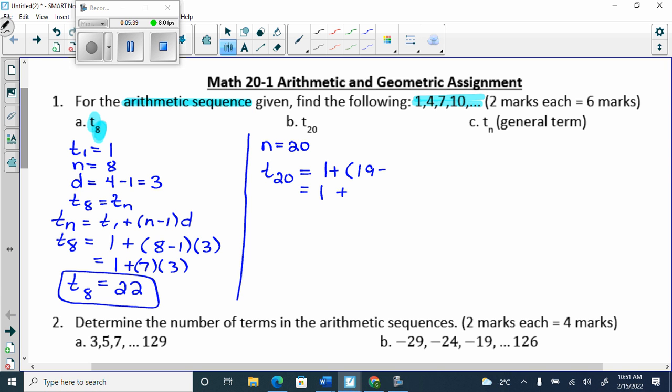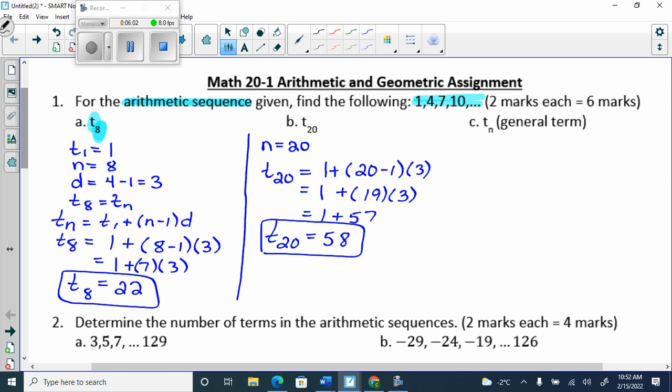Oh my gosh! 20 minus 1. 19 times 3 is 57. 1 plus 57 is 58. I hope you know this. Yes. Very good.